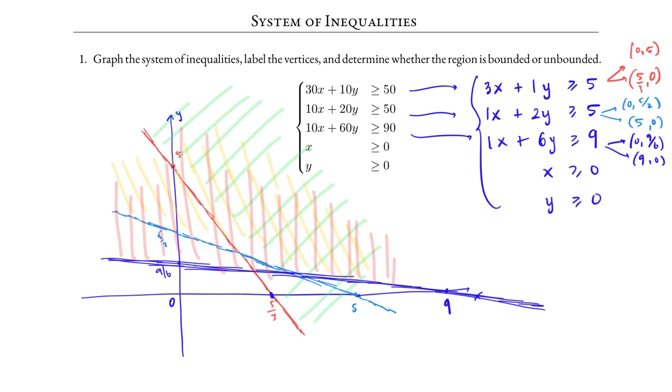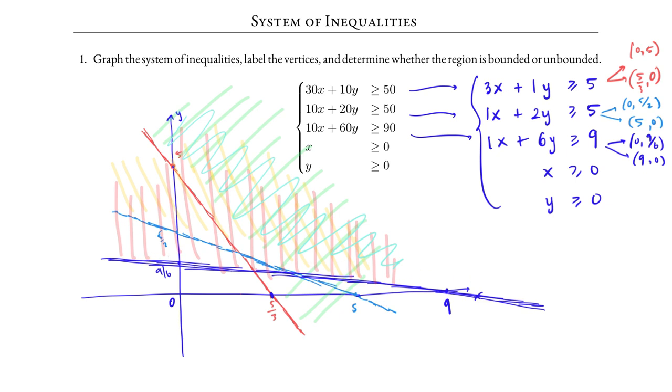The part that we shaded over and over is the solution region, and the part that we shaded many times is this region up here. Not the bounded region, because we shaded it above this blue line.